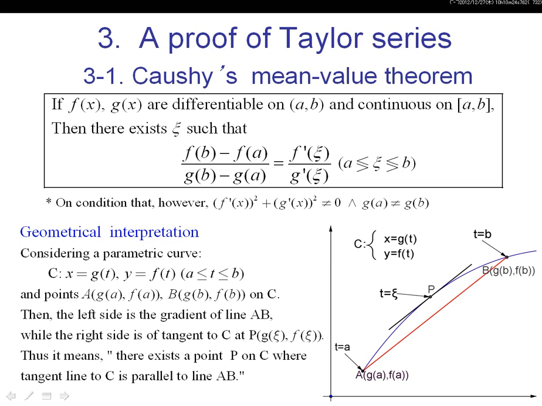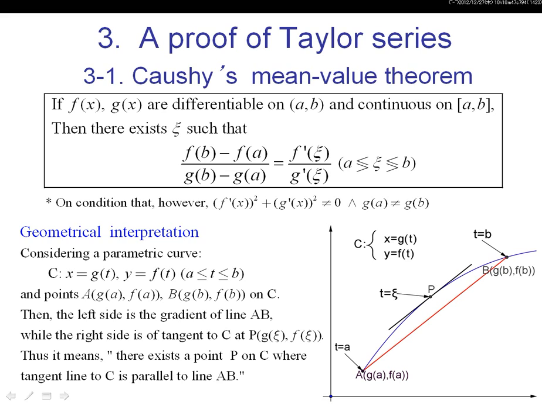If fx, gx are differentiable on open interval ab and continuous on closed interval ab, then there exists xi such that fb minus fa over gb minus ga equal f prime xi over g prime xi, and xi is between a and b.